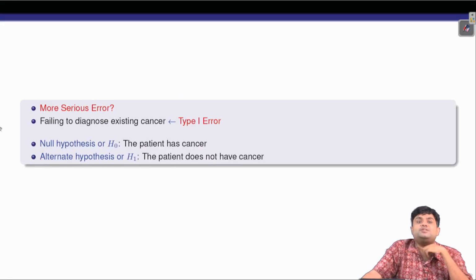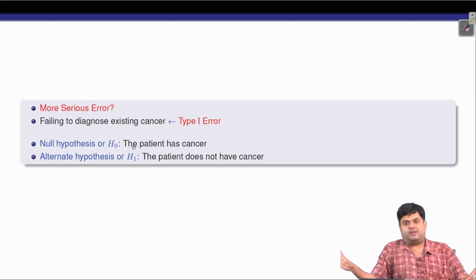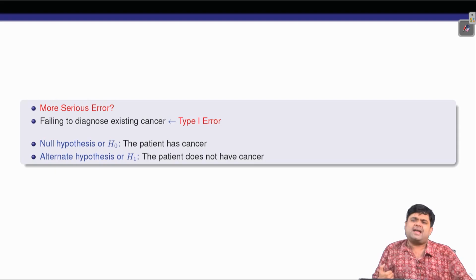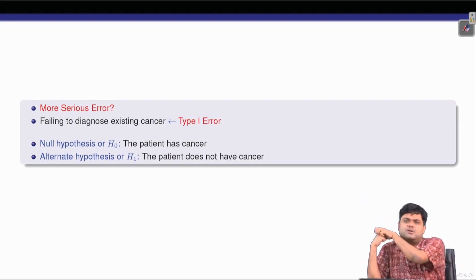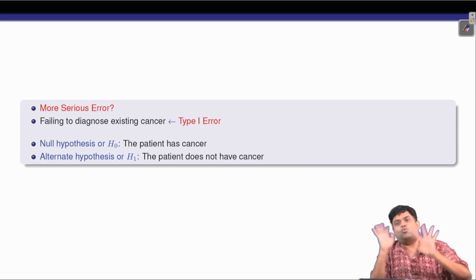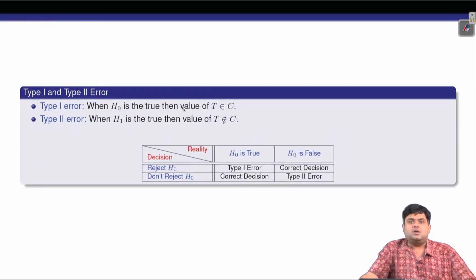Here you reject the null hypothesis only if you are absolutely sure the patient does not have cancer. You do whatever tests you can, you collect as much data as you want, and you are absolutely sure it is not cancer, then only you say, okay, fine, go home. So this is what the goal is.